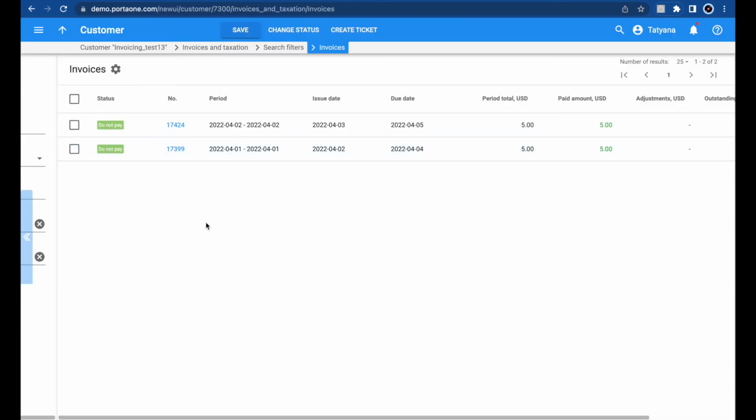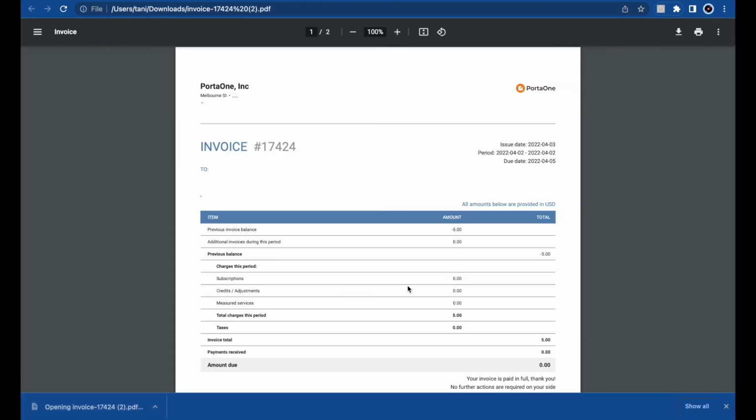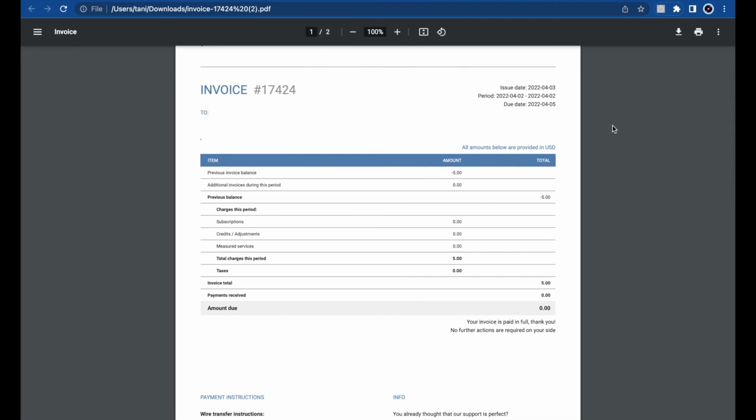Okay, and let's open the second invoice as well. Okay, this invoice covers our second billing period. The previous balance is negative $5. The invoice total is $5, and there were no payments posted during this second billing period, so the amount due will be the sum of the previous invoice balance and the invoice total.